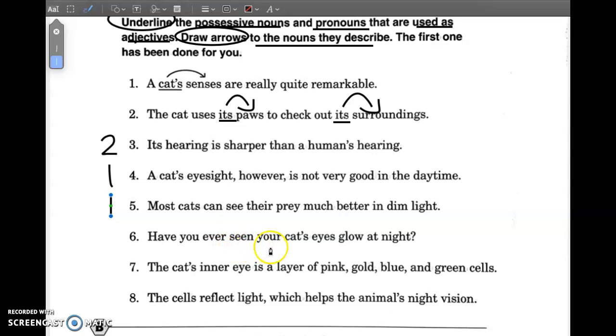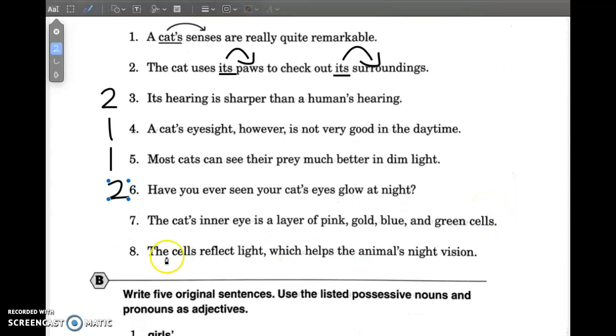In this case, there are two, but they might be a little bit tricky. You have to look carefully. The cat's inner eye is a layer of pink, gold, blue, and green cells. There's only one in this one. The cells reflect light, which helps the animal's night vision. There's only one in this one.